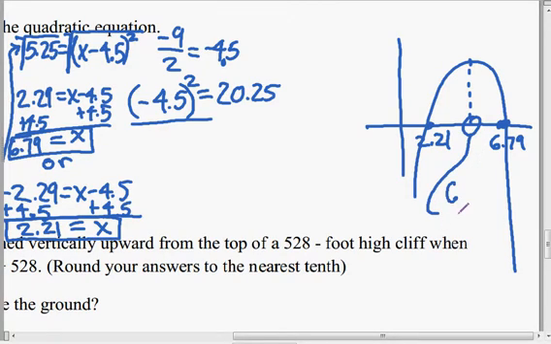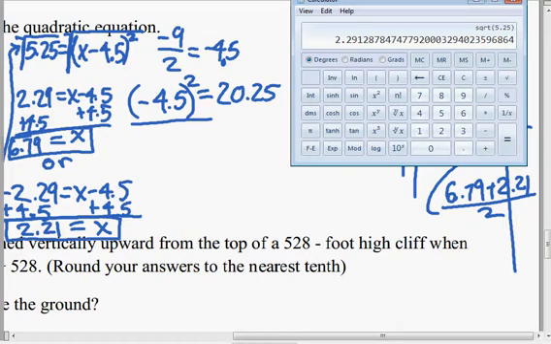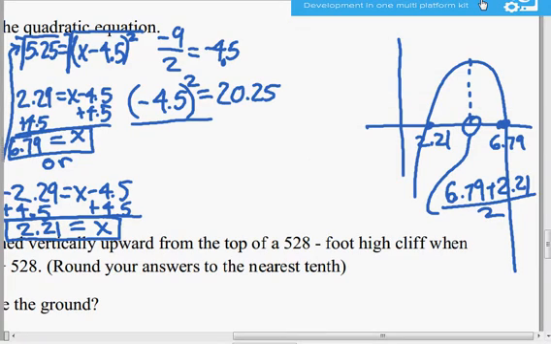So to get this value, I take 6.79 plus 2.21 divided by 2. Go back to my calculator. 6.79 plus 2.21 divided by 2, 4.5. 4.5 is where my vertex occurs.